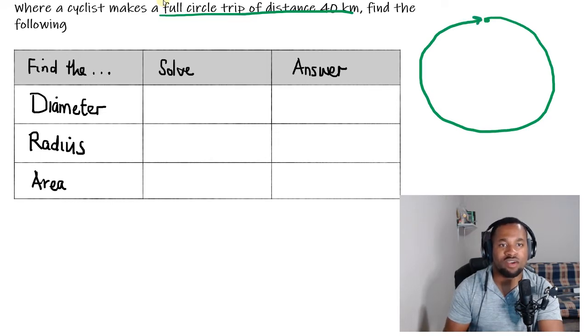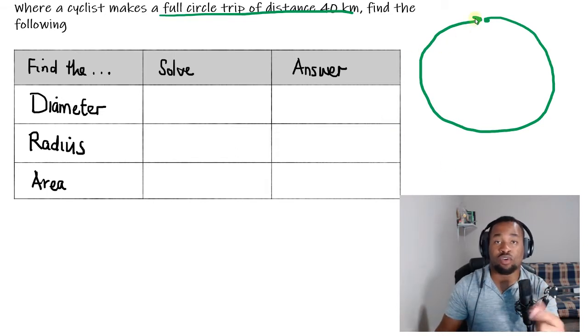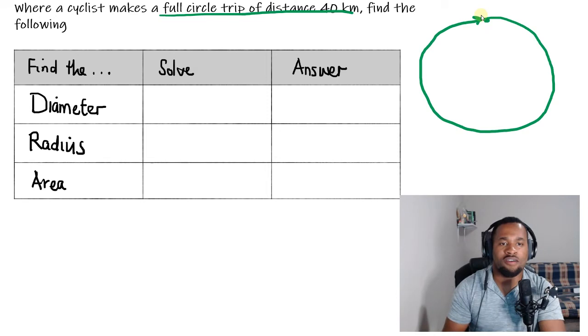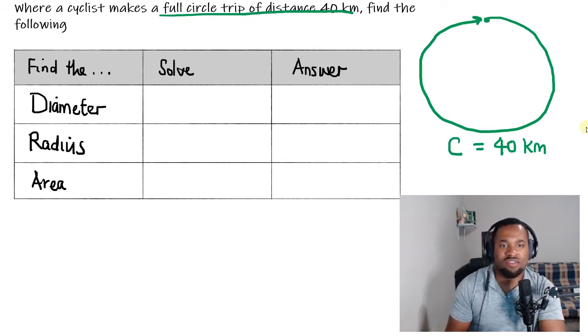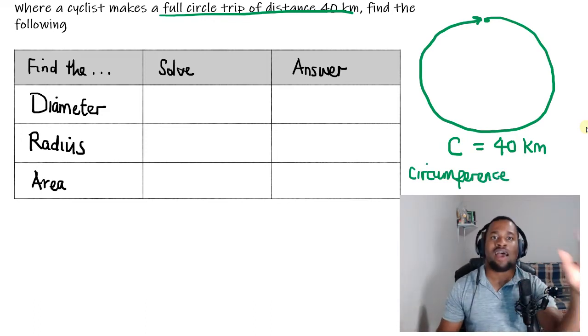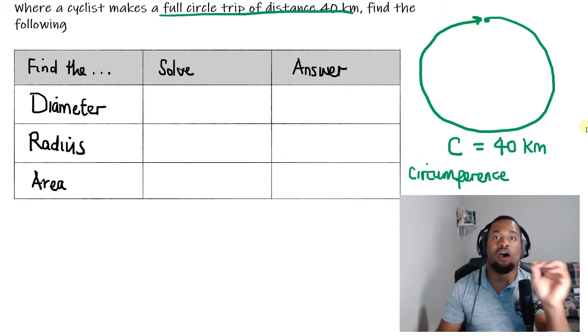This circle covers a total distance of 40 kilometers, which means this number represents the circumference of the circle, which is represented as C. C is the total distance around, or the outer layer, of your circle.